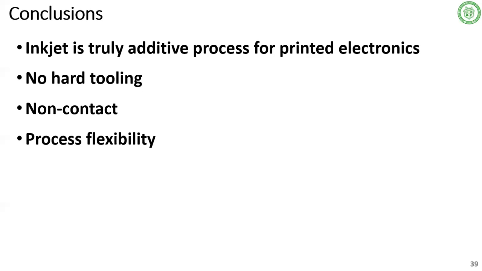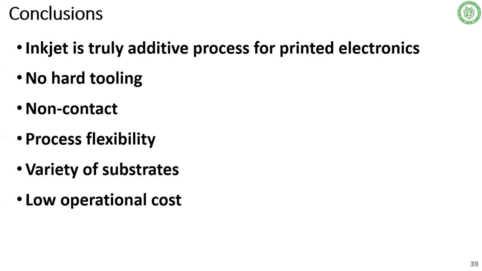It's a non-contact, flexible process, and you can print on a variety of substrates. As you can see, we did it on paper, on plastic, and on glass as well. And it's a low operational cost and has no clean room requirement.